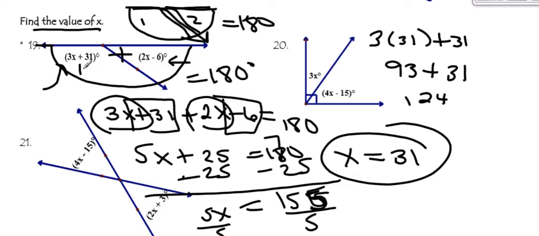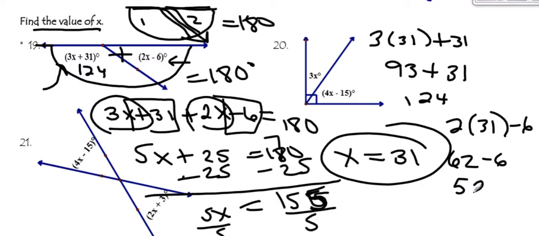So that's this angle right here, 124. 2x minus 6, 2 times 31 minus 6 is going to be 62 minus 6. So it's going to be 56. So this angle right here is 56.